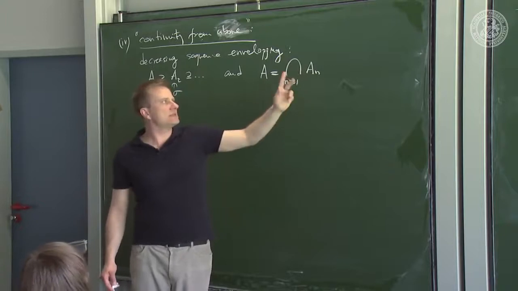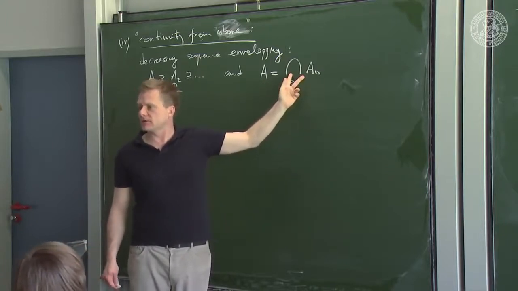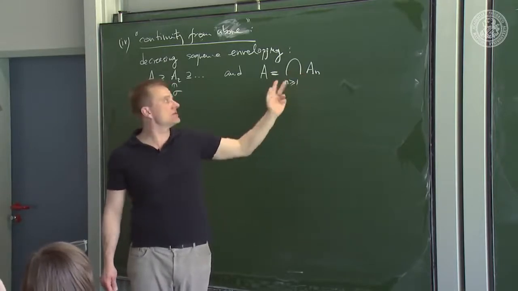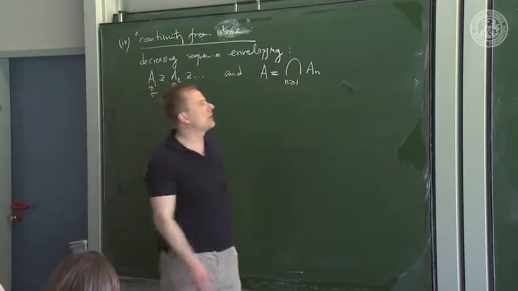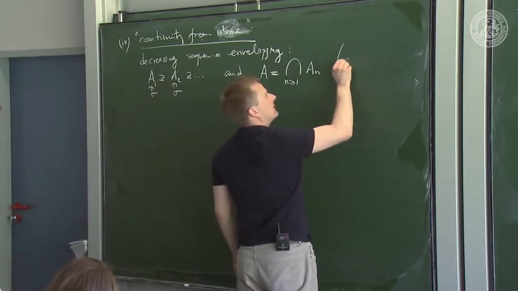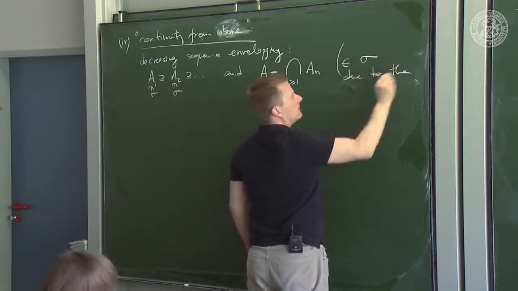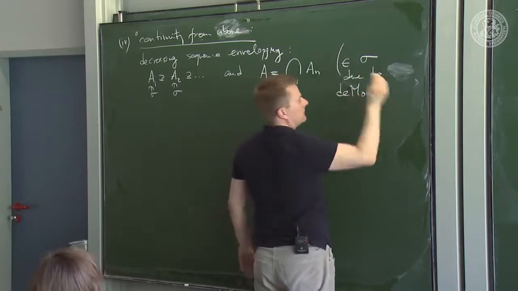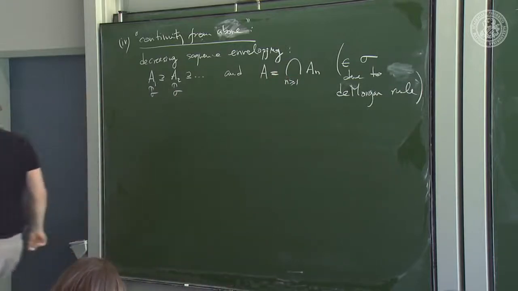Because the axiom only talks about the at most countable unions, right? You get the at most countable intersections too, that will be on the problem sheet by using De Morgan's rule. So I just remarked this is in sigma due to De Morgan's rule. Well, rule is actually a theorem, and actually this comes from set theory.